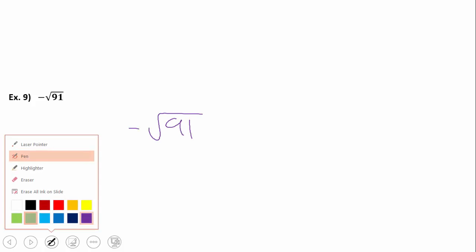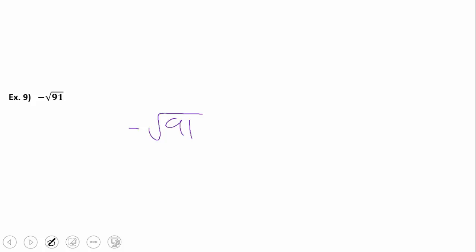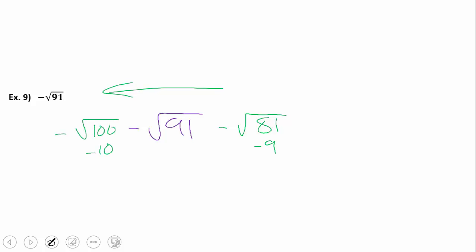Moving right along, our next one is the negative square root of 91. I'm using different colors this time. The perfect square that comes before, remember we're in the negative direction, so before is going to be over here, and that's going to be 81. The negative square root of 81 is negative 9. The one that comes after on our number line that goes this way in the negative direction is the negative square root of 100, and that's negative 10.